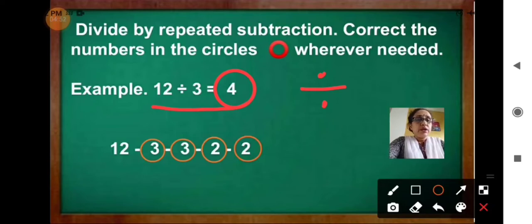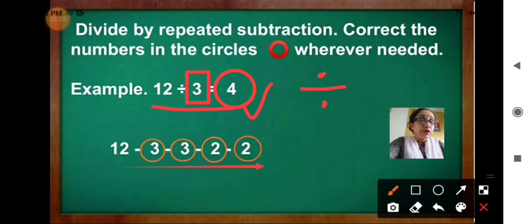Okay. Now, see what we have to do. Here, what it is written? 12 minus 3 minus 3 minus 2 minus 2. We have to do the repeated subtraction. So, 12 minus 3 is correct. Yes. Again minus 3 is correct. See here, this 3 has to be repeated how many times? 4 times.